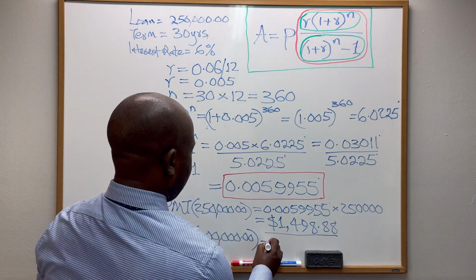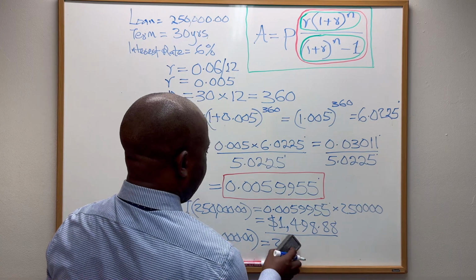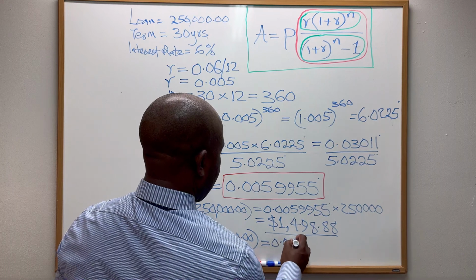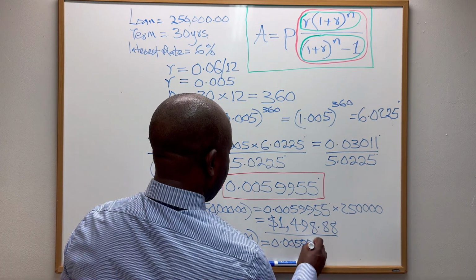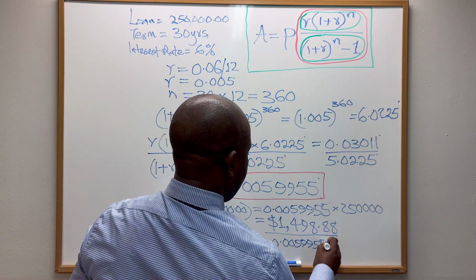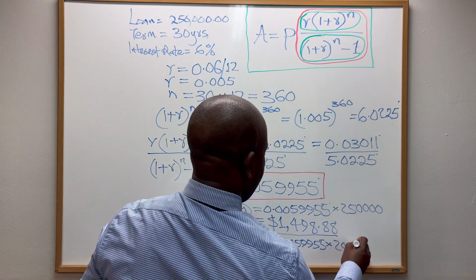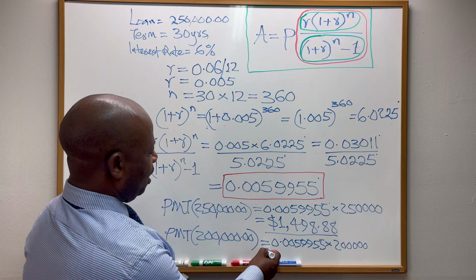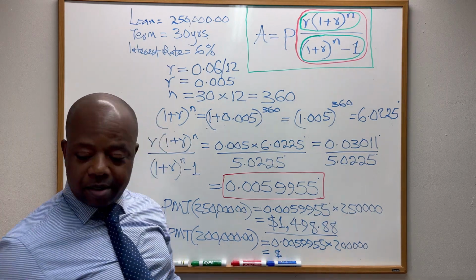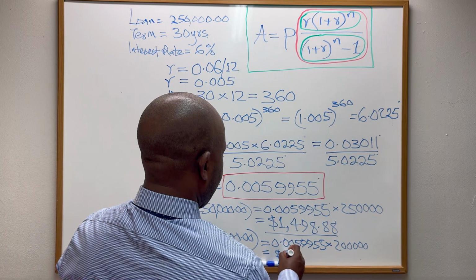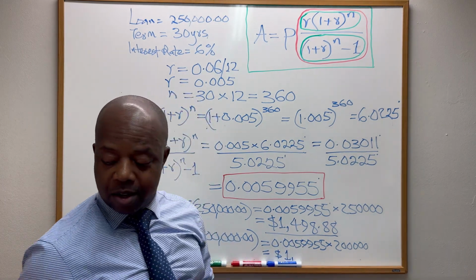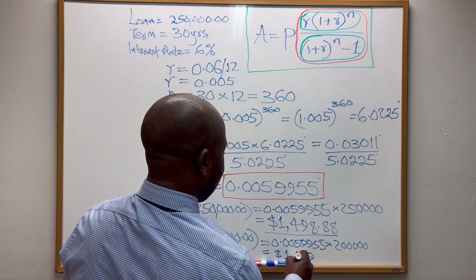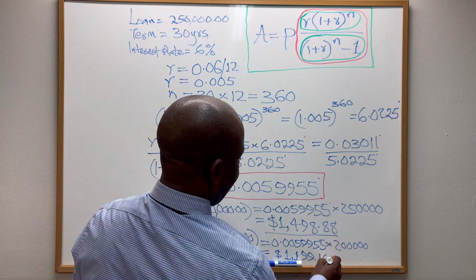So for this, we'll simply multiply the same number by 200,000. And for this calculation, we'll see that the payment will be $1,199.10.